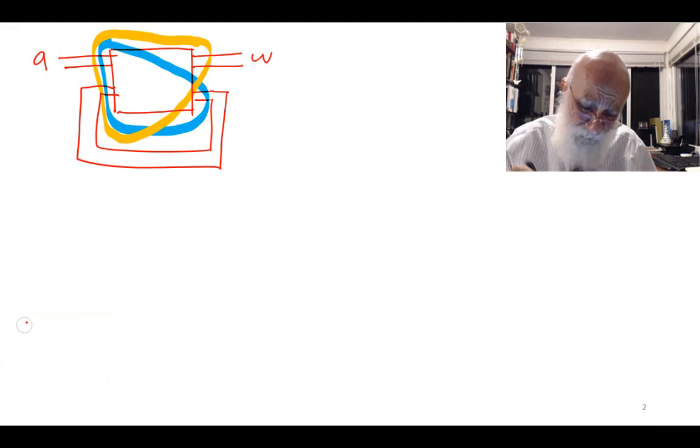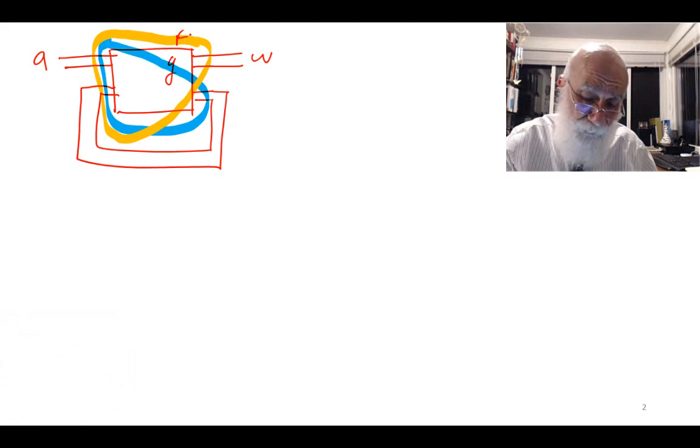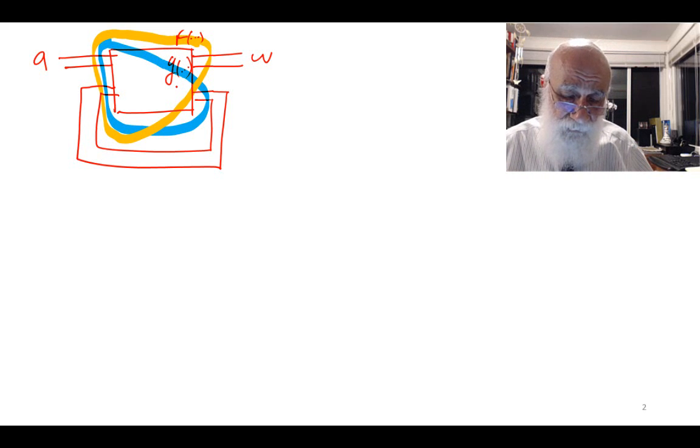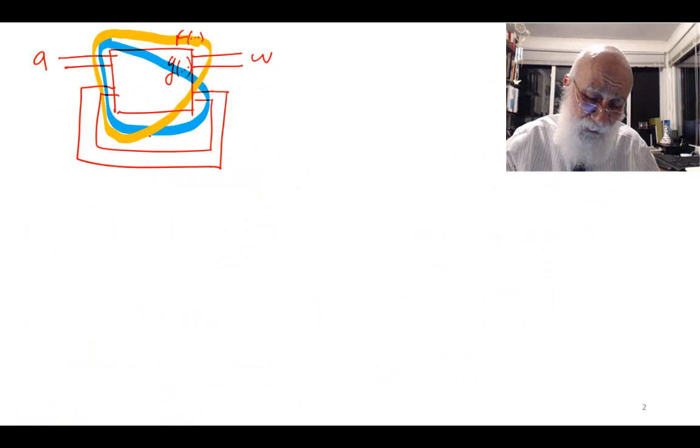So I'm going to say this is my function f and this is my function g. And therefore, if you look back, you see that my sequential circuit has two functions in it, one deciding on the state of the circuit, and I'm calling this one my present state.